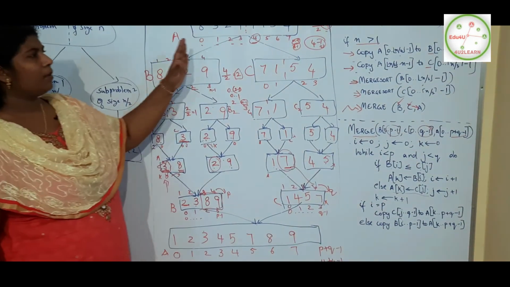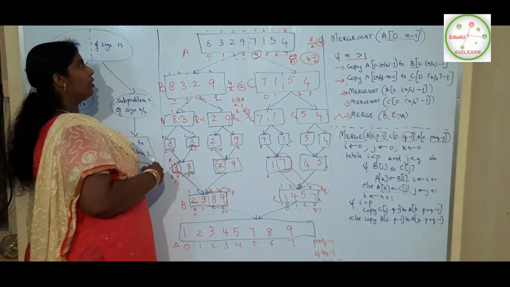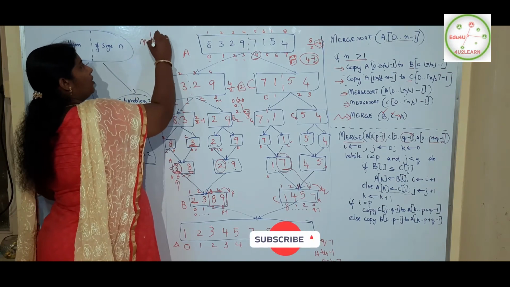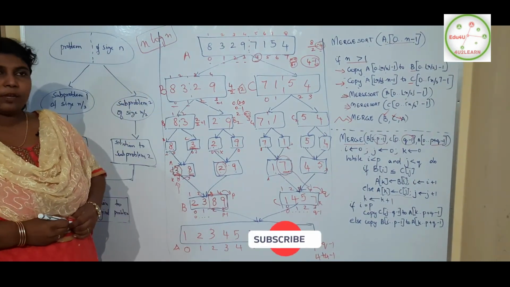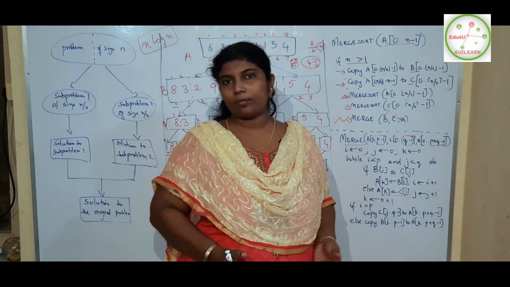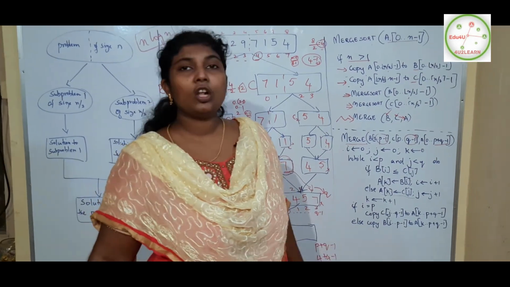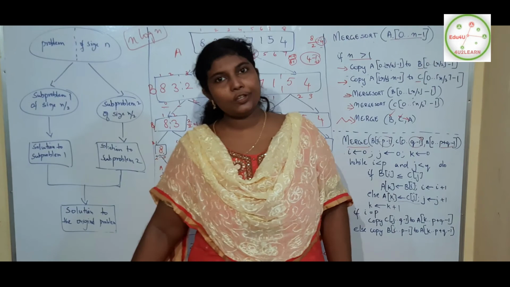So since the bigger set is being subdivided into smaller units, we have a complexity of n log n in the case of merge sort. Because the bigger problem is being subdivided into smaller problems, we can solve the problem easily, and this is being done recursively too.